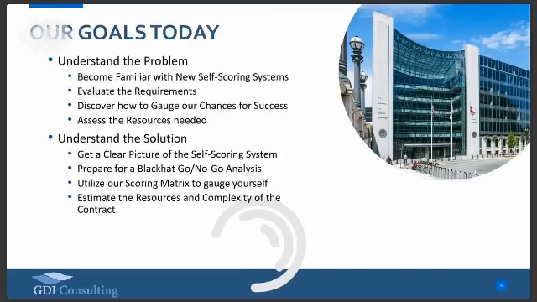Finally, to estimate the resources and the complexity of the contract so that you can see whether or not you are already capable and prepared as a sole organization, or whether you're doing this as a collaborative group effort, whether or not there is going to be some teaming on your part.